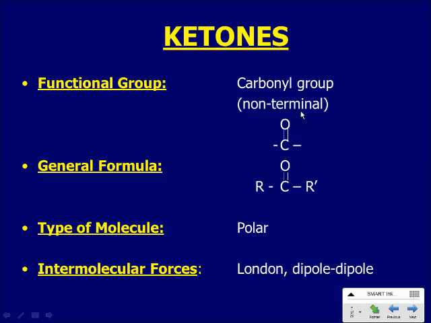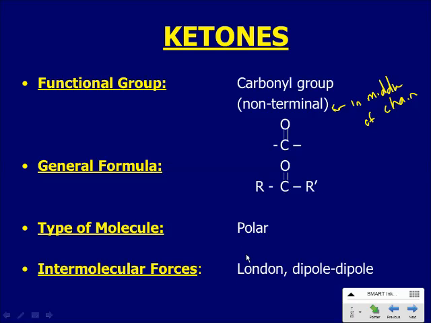If we have a non-terminal carbonyl group, we say that it's in the chain, in the middle of the chain. I'll add that right there. Non-terminal means in the middle of the carbon chain, which means it's flanked by 2 carbons.